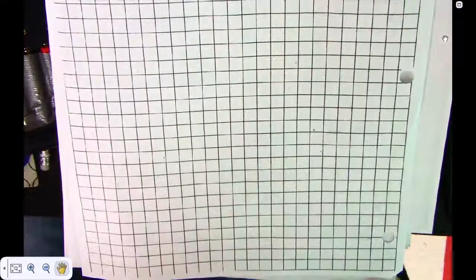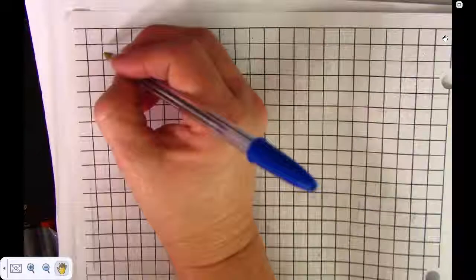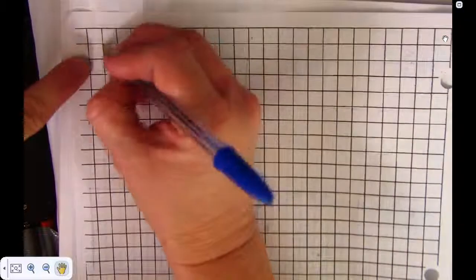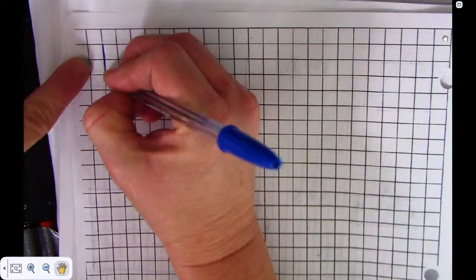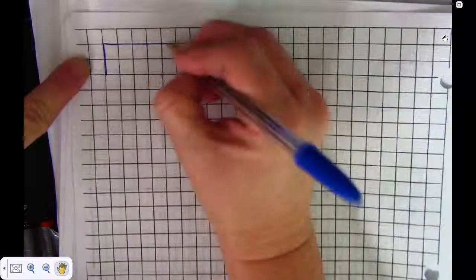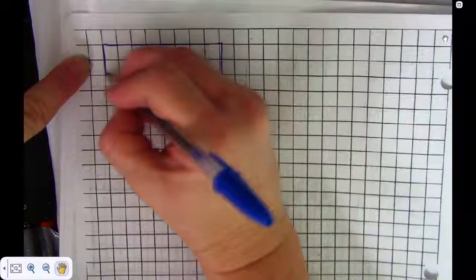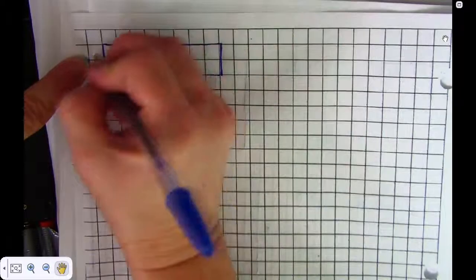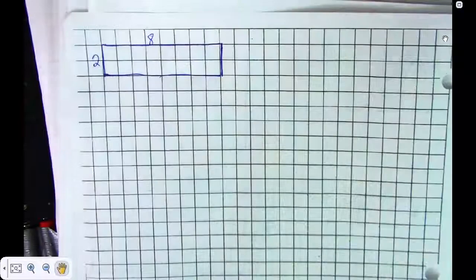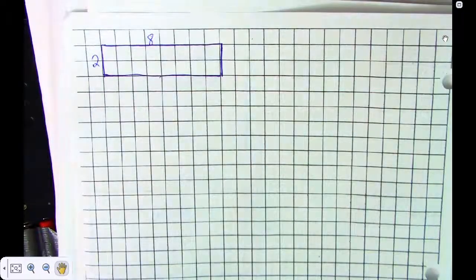Okay, turn it over on the back. So far, so good, huh? Okay, in the corner up here, I want a 2 by 8. 2 by 8. Remember, what we're doing is we're dilating.